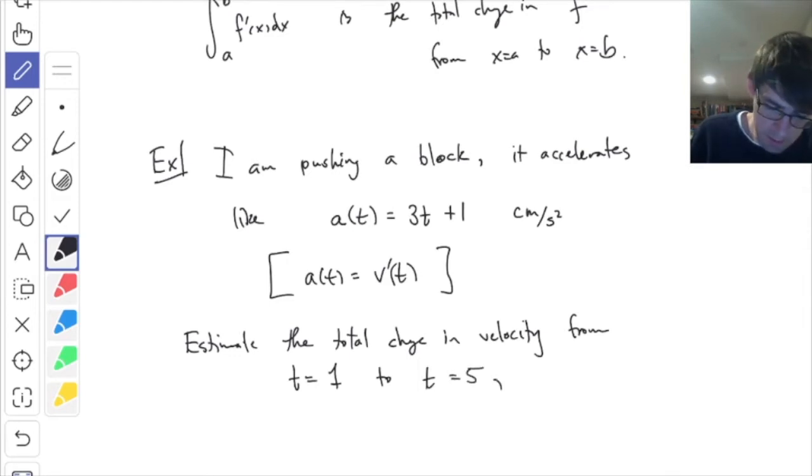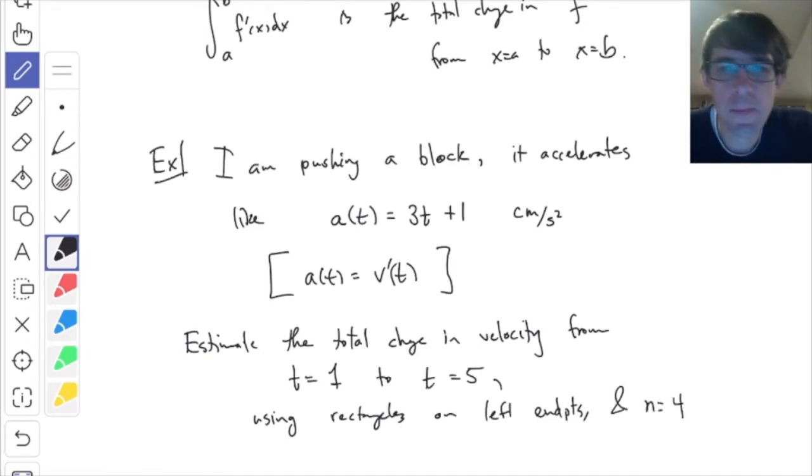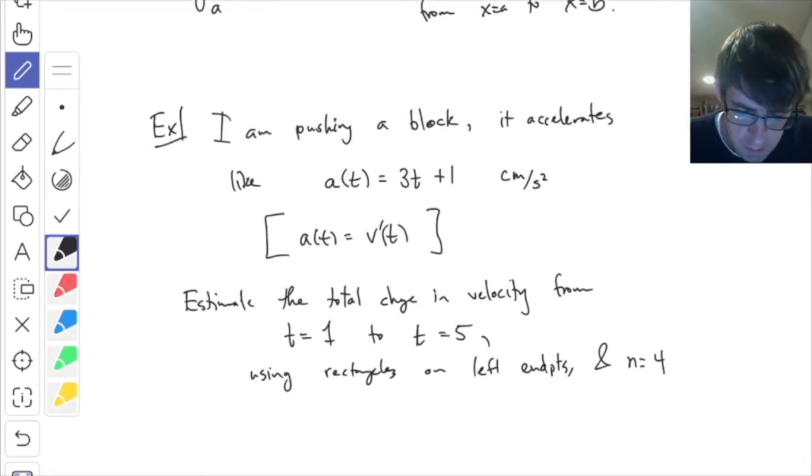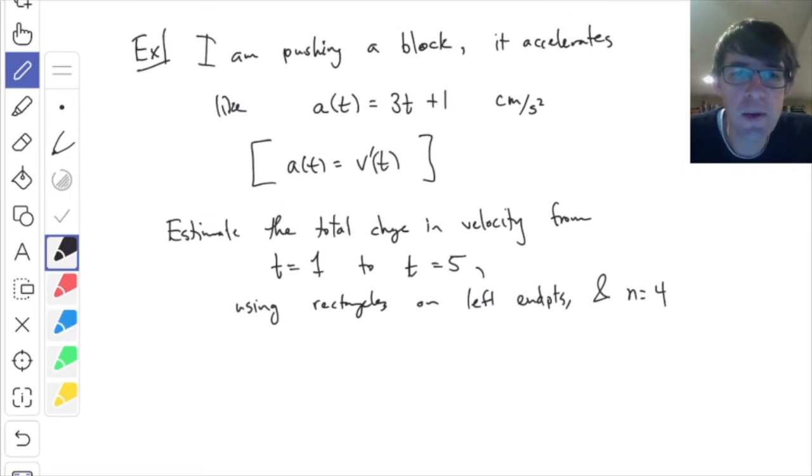And I have to tell you, using rectangles on the left endpoints and n equals 4. All right, this is the whole problem. So I'm pushing a block, which makes it accelerate. I want you to estimate the total change in velocity between time 1 second to time 5 seconds, which is sort of how fast did my pushing end up speeding it up over that duration of time.